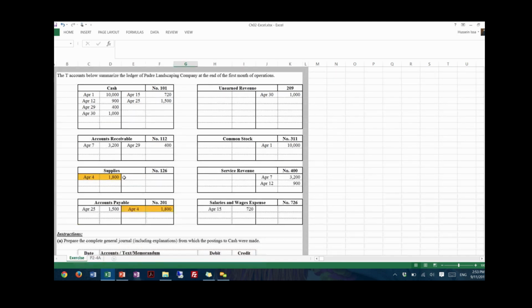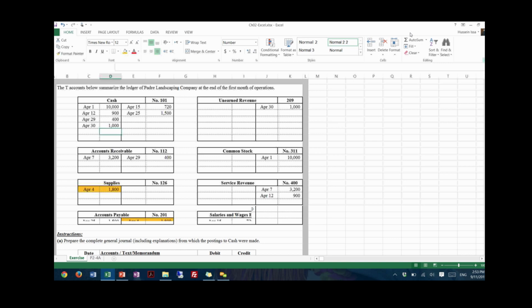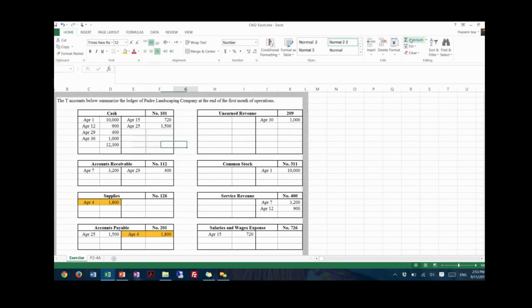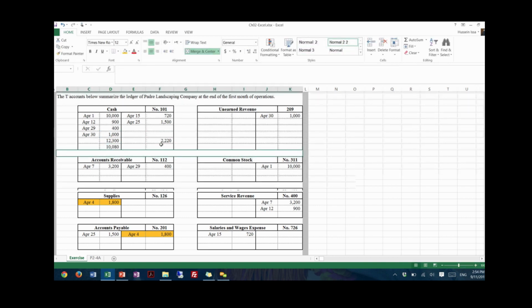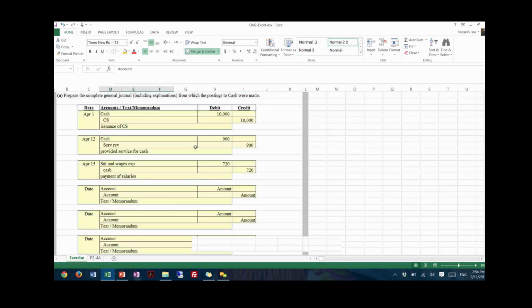Can anyone calculate it? Just give me 1 second. So it's 10,080. And cash is on the debit side.